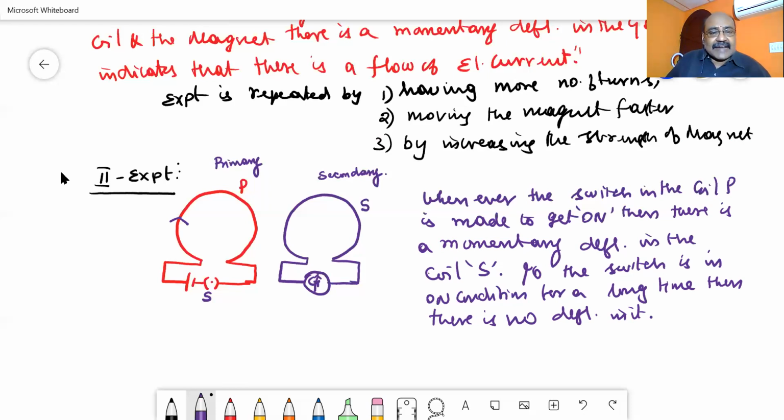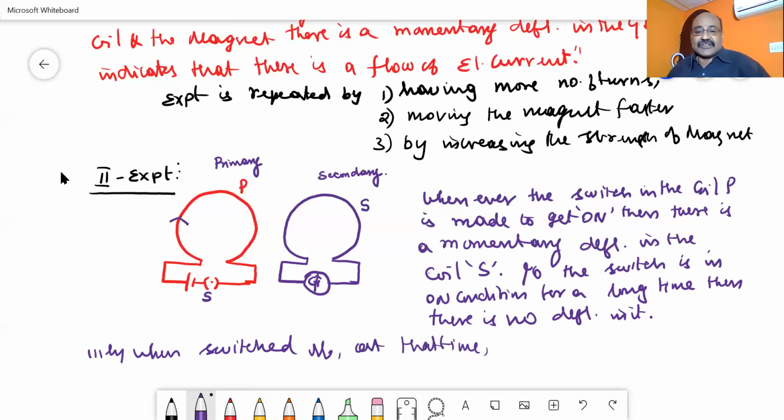Similarly, let us write here. When switched off, at that time, there is a momentary deflection in the opposite side direction.